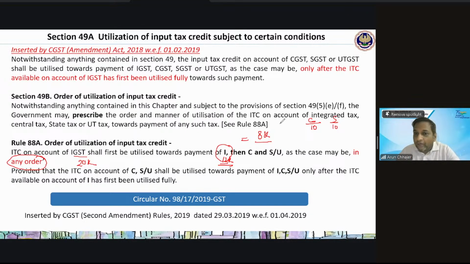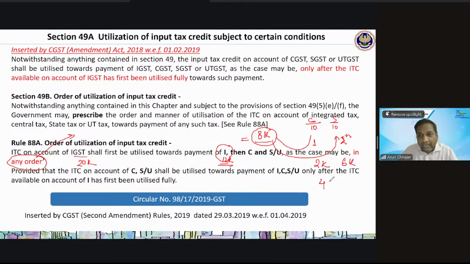The meaning of order is that I can give first to C or I can give first to S. Order means first to C, then to S, or first to S, then to C. Will the word order allow that I can give 2,000 to C and 6,000 to S?